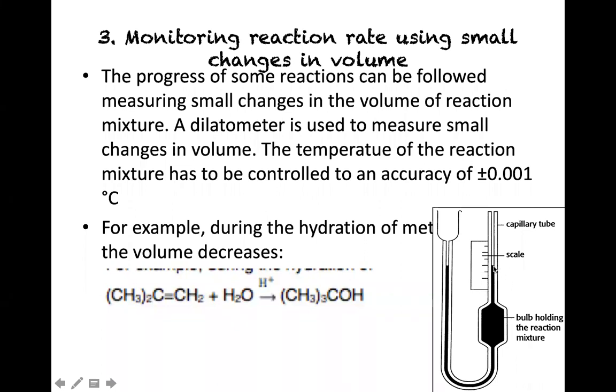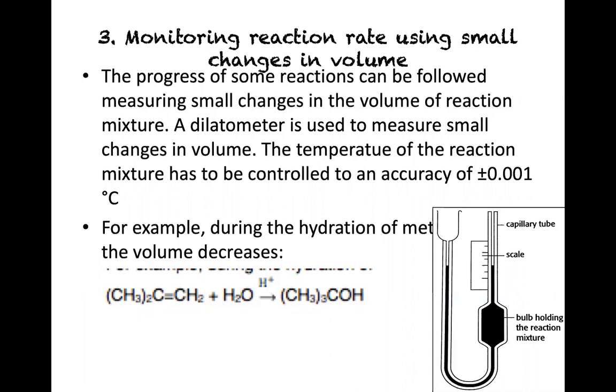So you can see that this bulb, when the alkene has taken up water, it will increase in volume, and then you can read it from the scale. And it's in a capillary tube. A capillary tube is a very narrow tube, so that any small changes, you can see that the liquid is moving significantly.